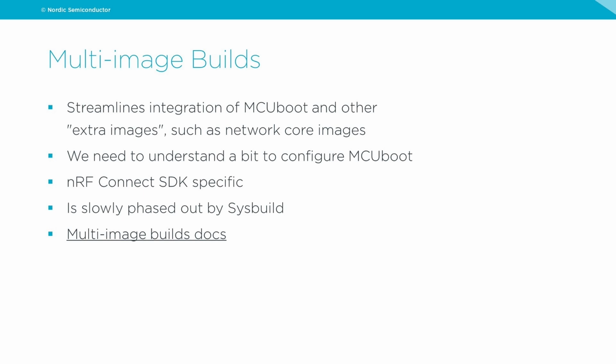And then over to multi-image builds. We have two images that we run: MCUboot and the application. And for example, for the nRF53, we also have a network core image.